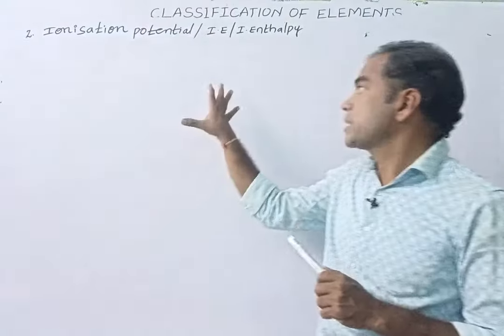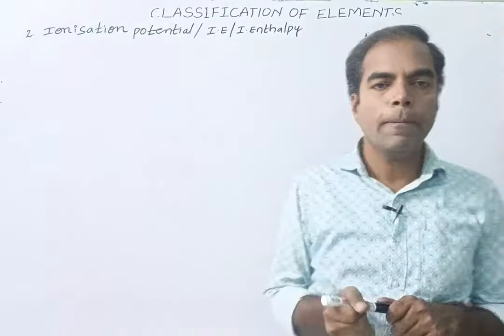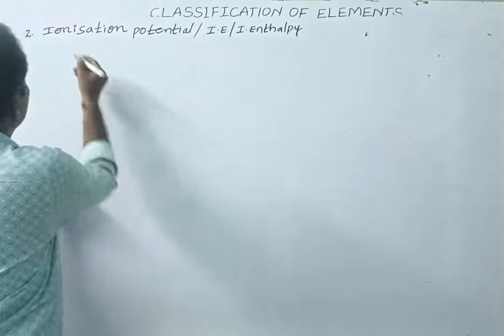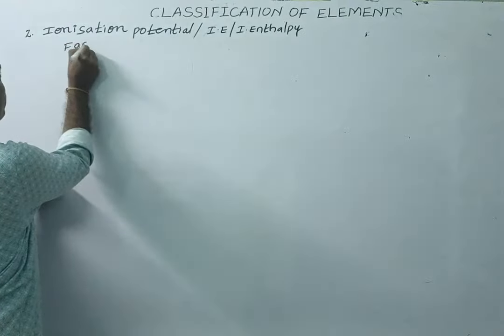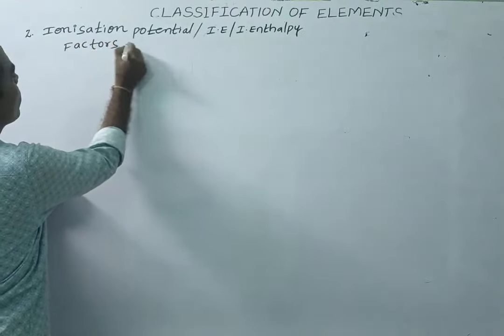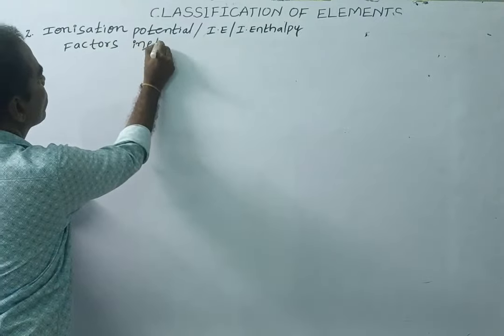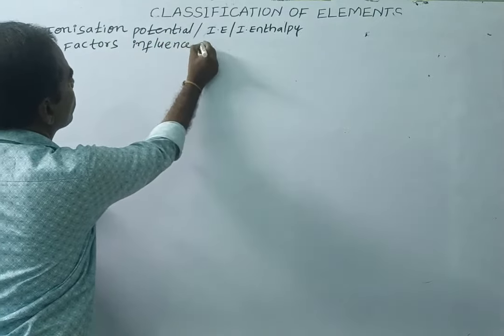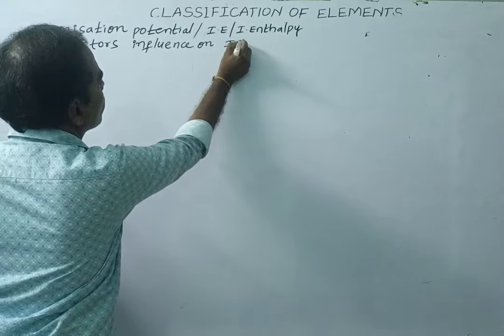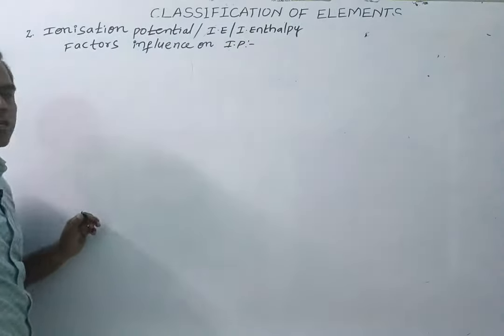So students, next one is factors influencing ionization potential. IP means ionization potential.